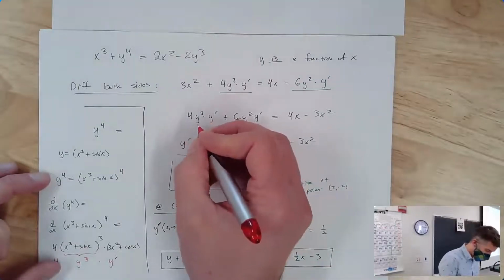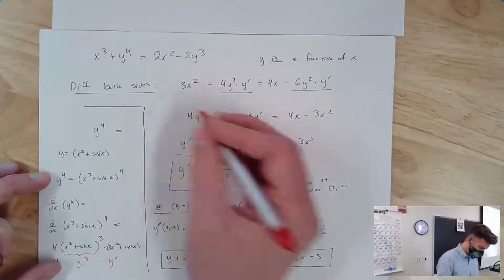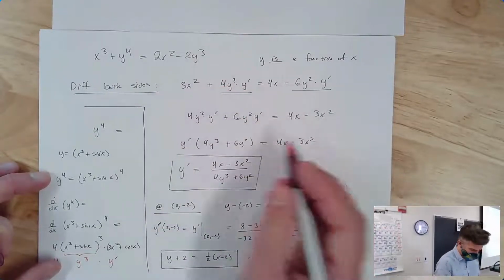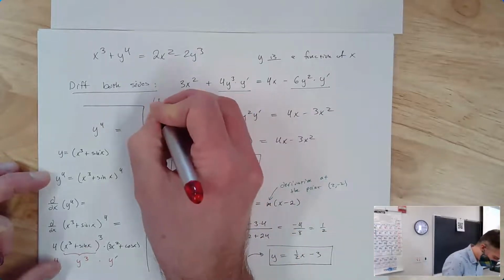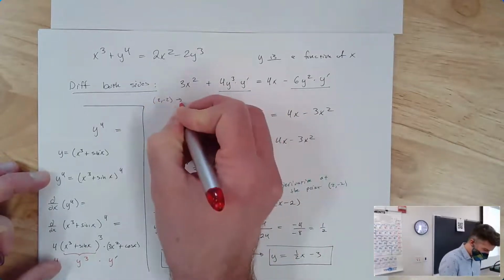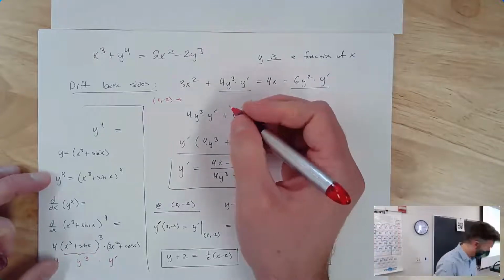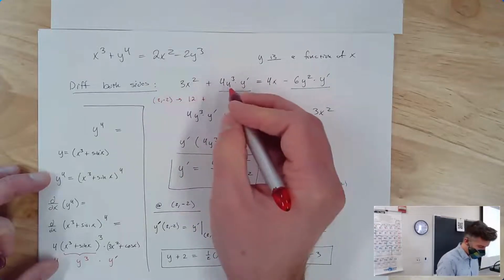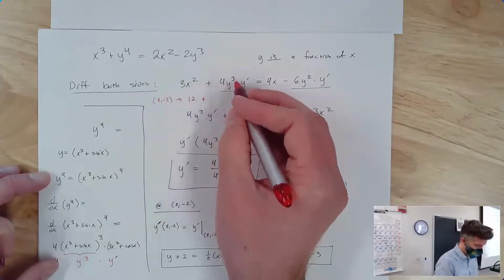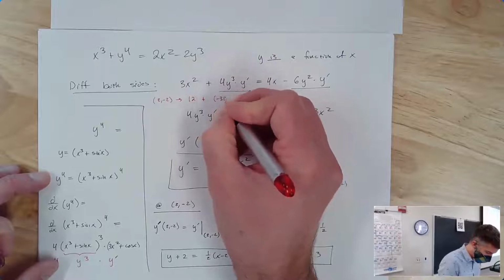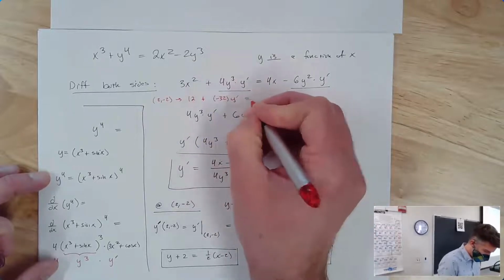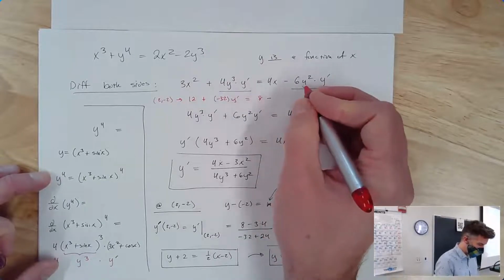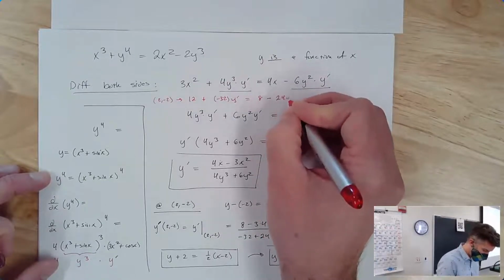If I plug in the point (2, -2) right here, I get 3 times 4, which is 12, plus 4 times -2 cubed, which is -32, y prime, equal to 4 times 2, which is 8, minus 6 times -2 squared, which is 6 times 4, which is 24, y prime.